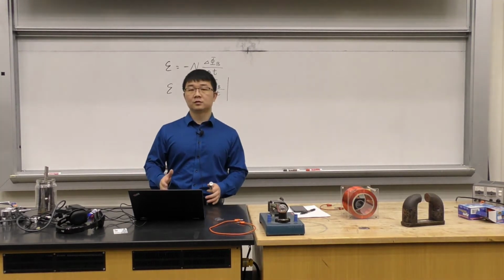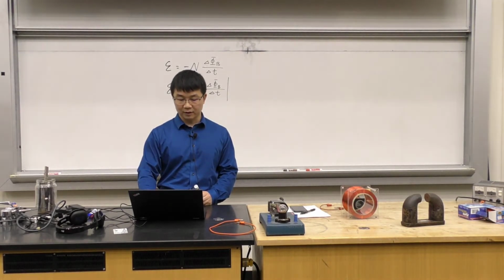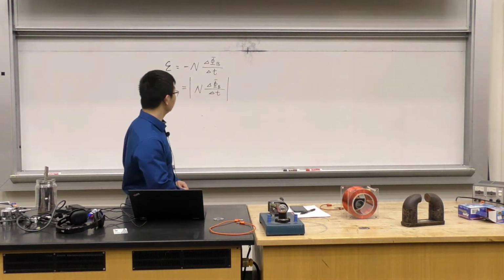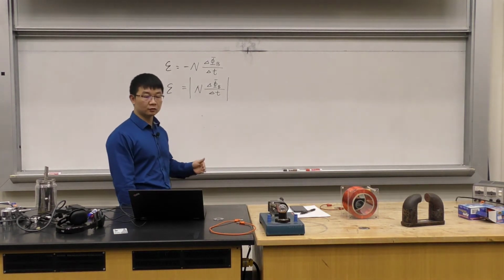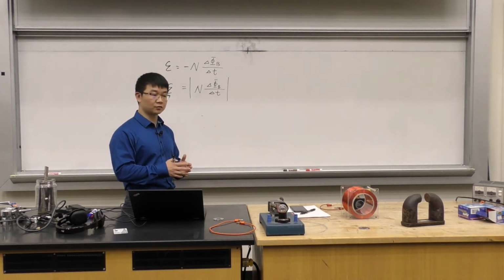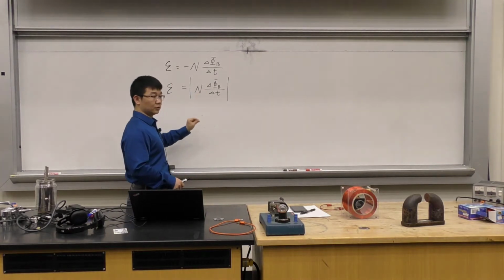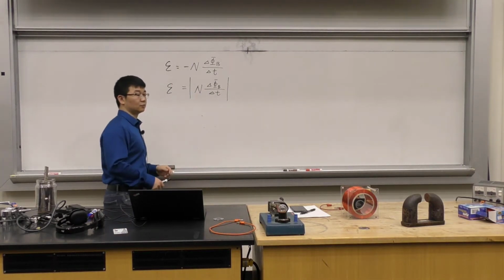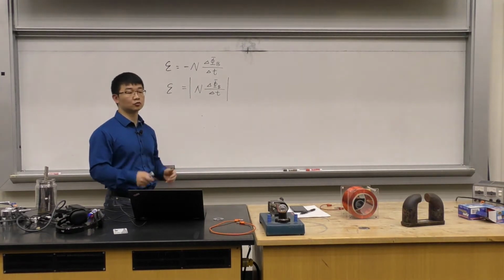But then what is the practical way to generate electricity in real life? I said we do use EMF induction to generate electricity in real life. But these two methods we have discussed so far... If you want to generate electricity in real life, you have to have a magnetic field, and then you have to change the flux through a closed loop.